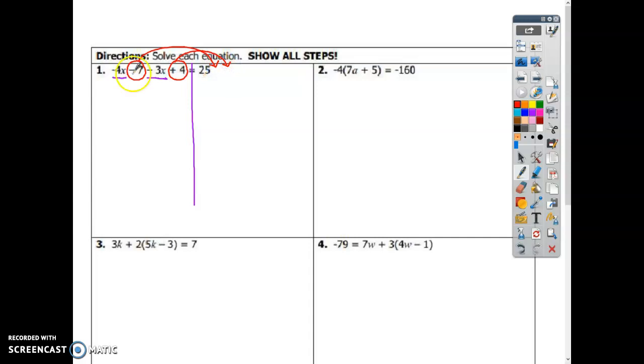Okay? And when you move stuff, you need to change the sign. So this minus 7 becomes plus 7. And this plus 4 becomes a minus 4. Okay? So move it over, change the sign. Move it over and change the sign.